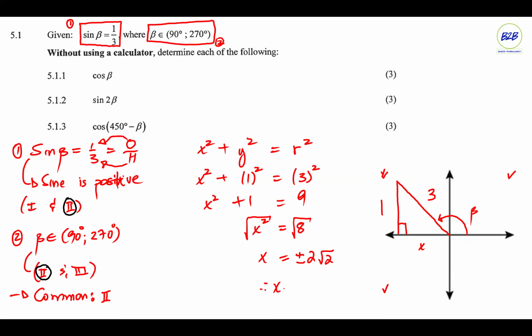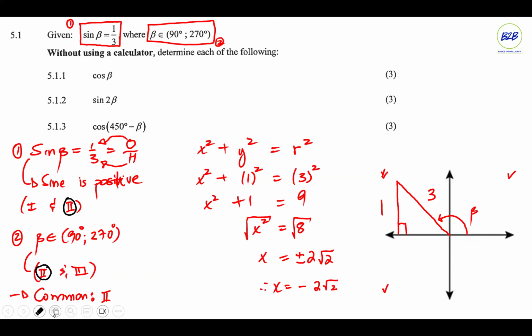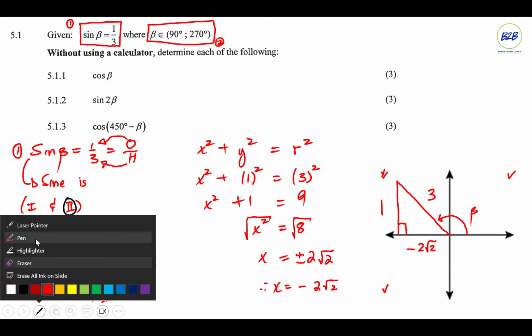Therefore, the correct value of x is negative 2 root 2. Why? Because our diagram is on the negative side of the x-axis.